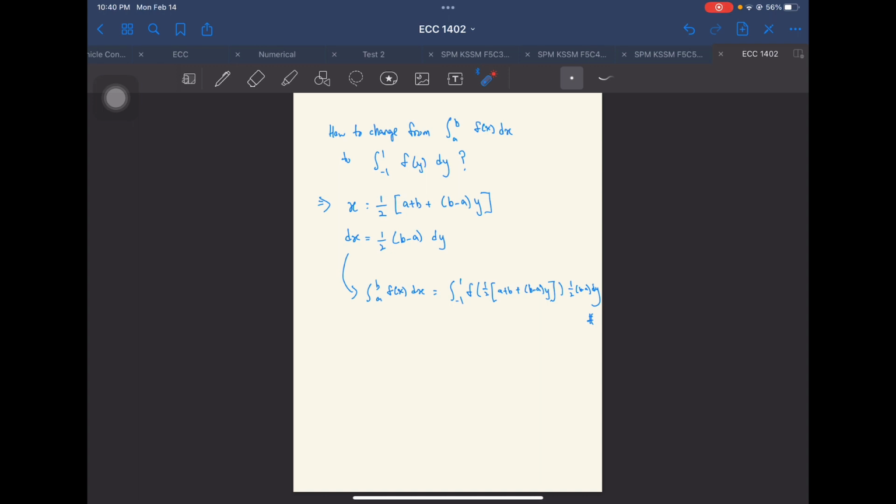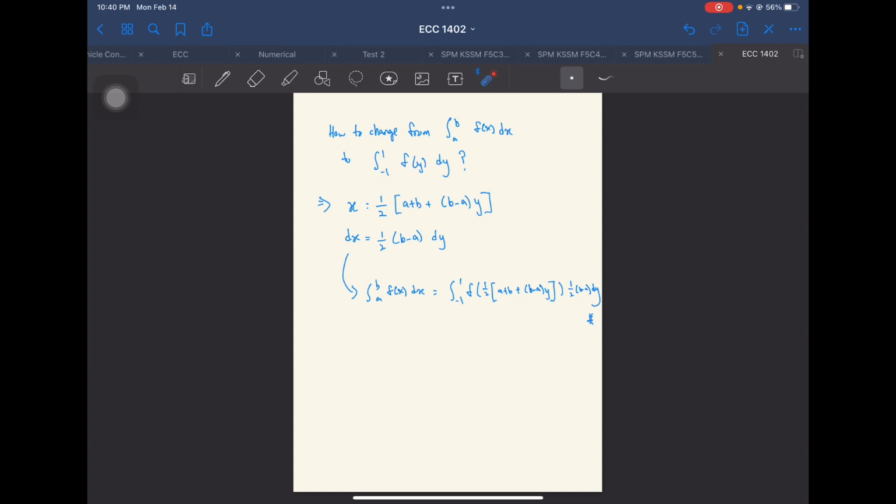So you get x in terms of y, and by differentiating this with respect to y, you get dx equals 1/2 (b minus a) dy. This is easy, right?